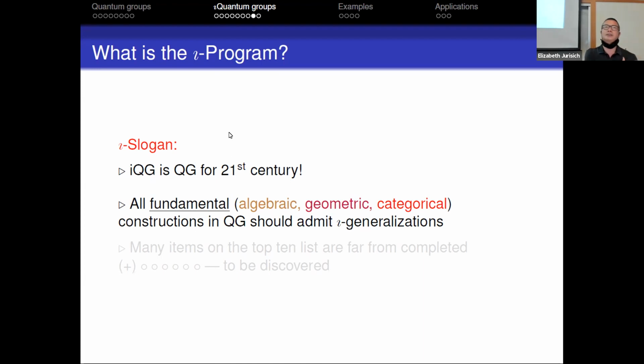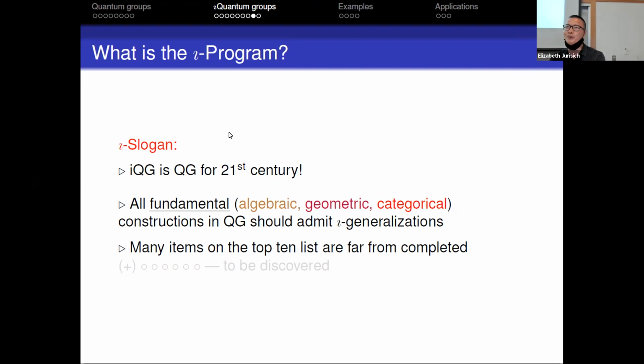The top 10 list I gave you are examples of this, but also be aware that for many items in that list, the answer is only partial. Only some cases, only very limited cases in that particular direction, are known. In the earlier top 10 list for quantum groups, I could have mentioned hundreds more people there.